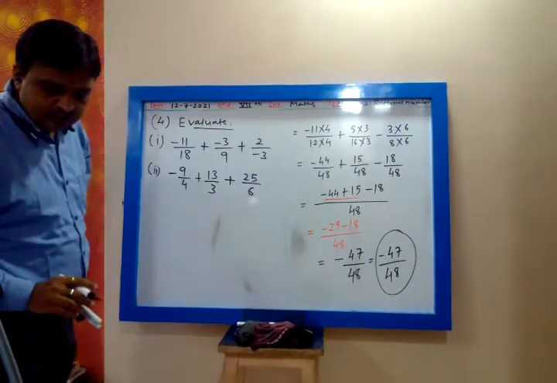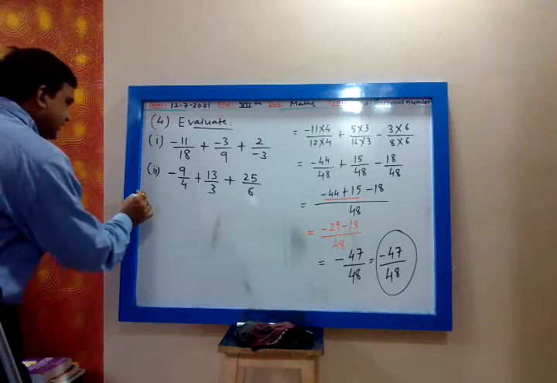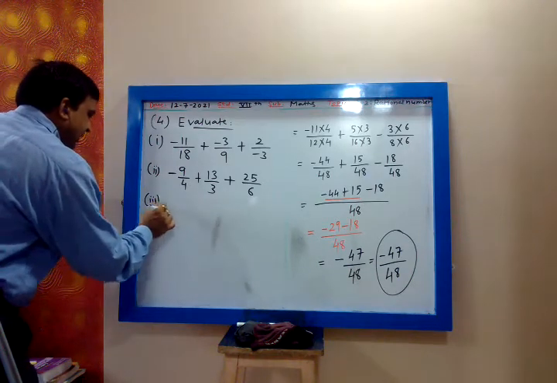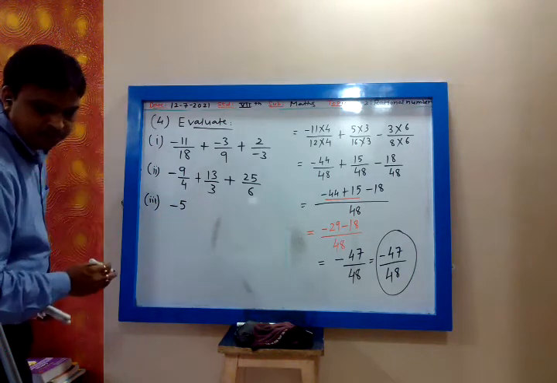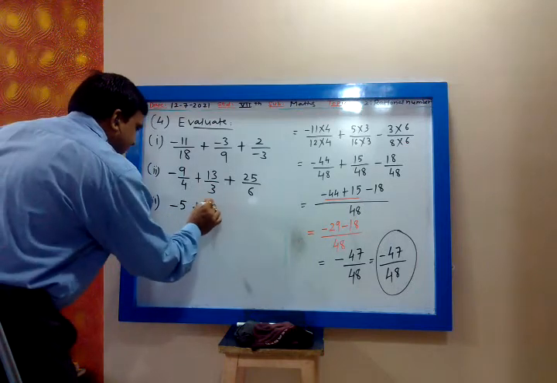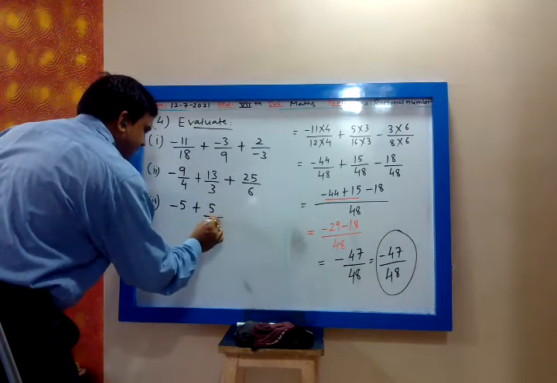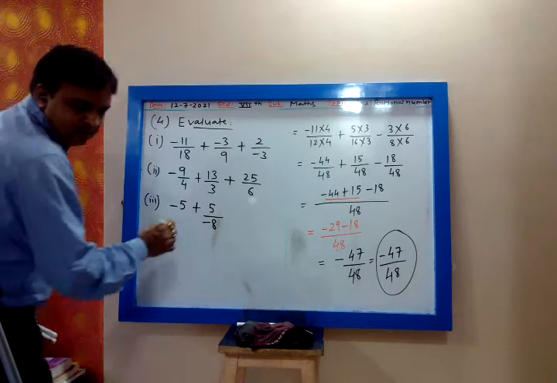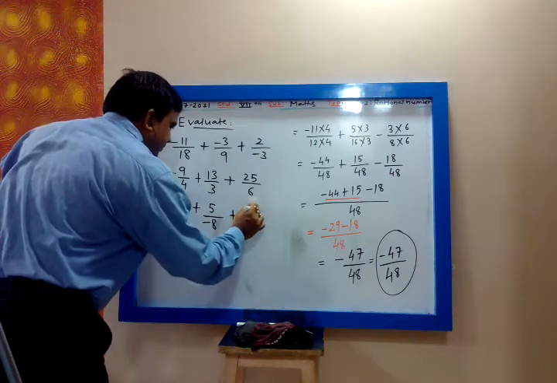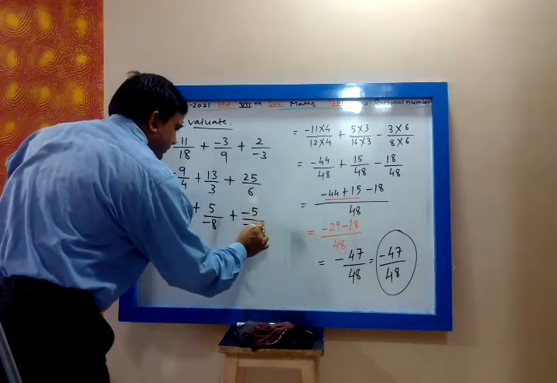Then third question: minus 5 plus 5 upon minus 8 plus minus 5 upon minus 12.